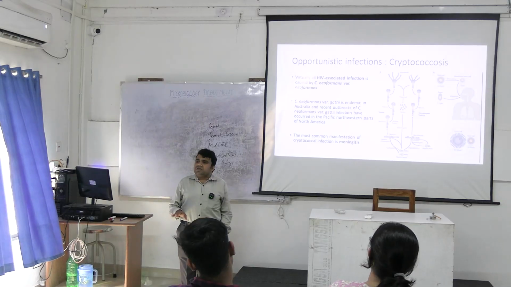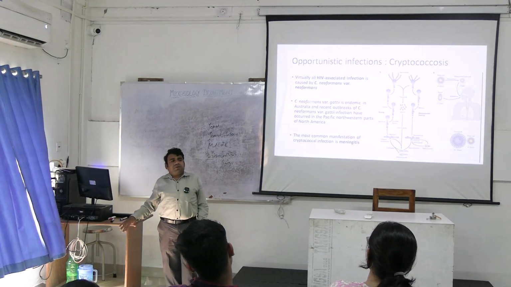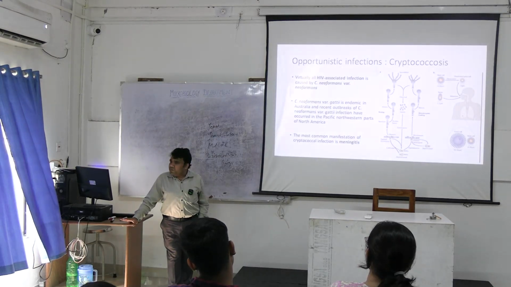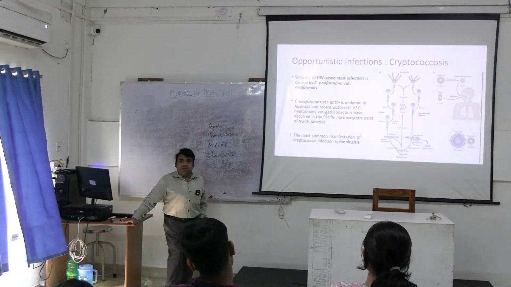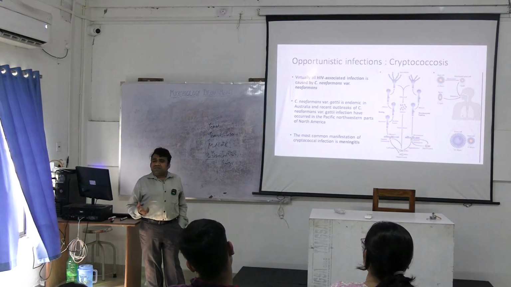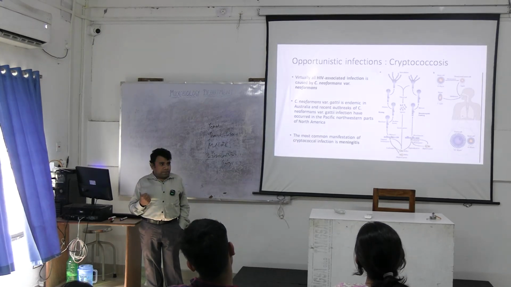This is the reason why most of us will not get a cryptococcal infection. But suppose the patient is immune compromised, either permanently or on a transient or temporary basis. Whatever may be the basis, the patient is immune compromised, inhales the spore. Now the macrophages cannot degrade the spores of the fungus.